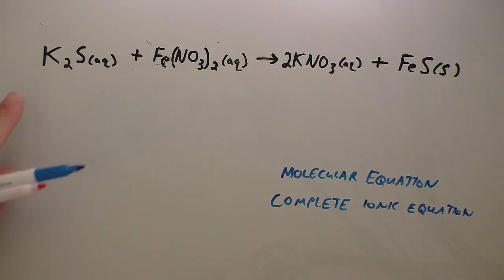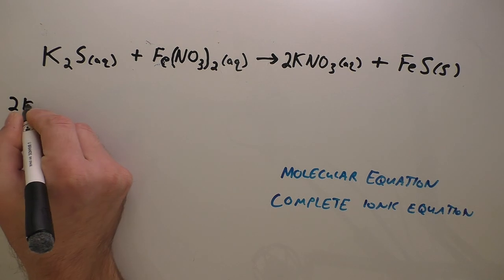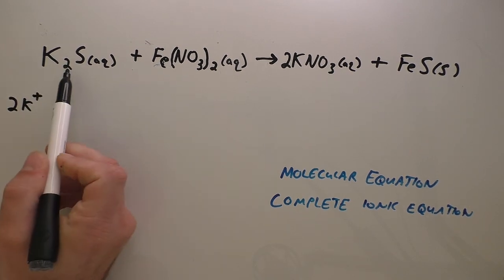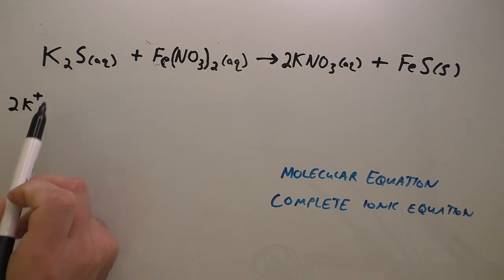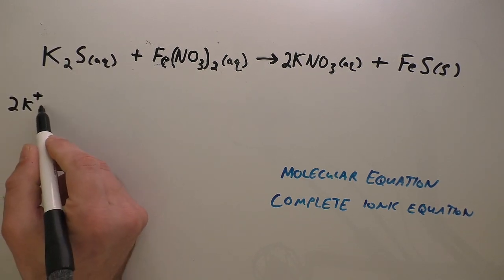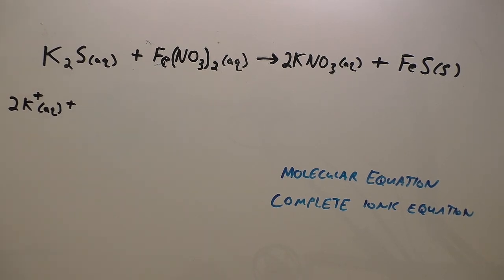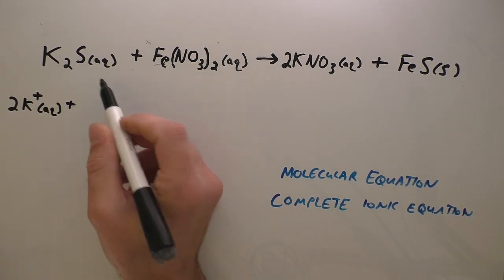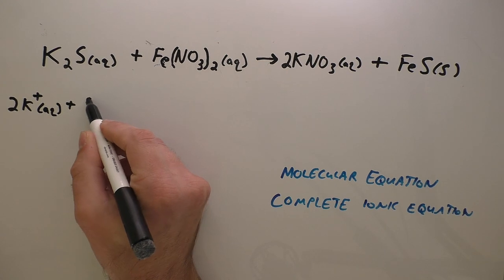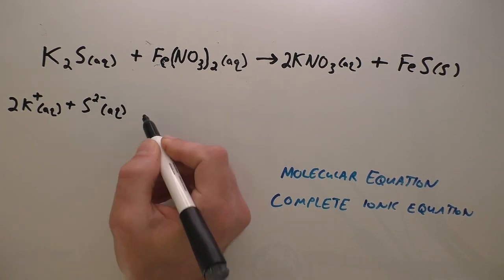So if we start with the potassium sulfide, we're going to end up with 2 potassium ions because there's a subscript 2 here, so that means we have 2 of them. So that 2 is sort of conserved, it becomes the coefficient, right? And that's aqueous. Plus, let's get closer to the mic, sorry, one of these sulfide ions, that's S2 minus, also aqueous.